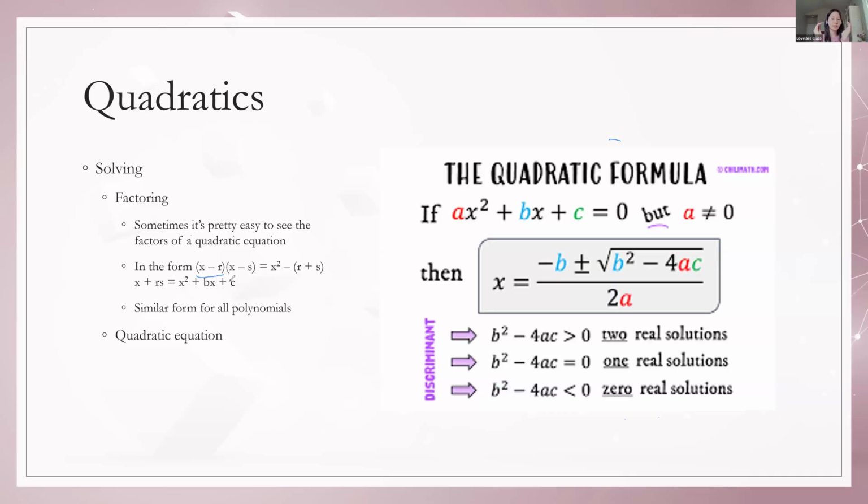So if you have a factor of x minus 3 and x is 3, then that factor is 0, so the entire thing is 0. So r is a root, and x minus r is one of the factors of the quadratic. When you expand this, it's negative r times x and negative s times x, so it's negative r and negative s. Yeah, exactly.